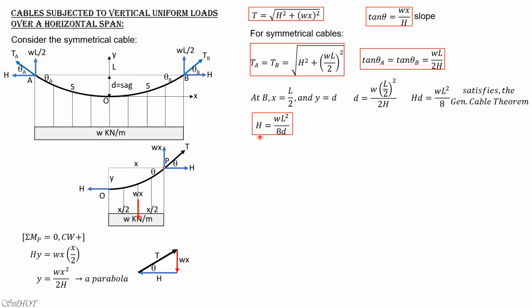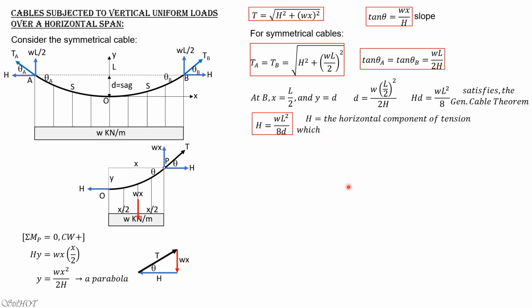So meaning the maximum tension occurs at the highest point. Why at the highest point? Because at the highest point, x is maximum. So if you want to maximize the tension, then it should be farthest from the origin. So that's the location of maximum tension. And maximum slope also occurs at the highest point.